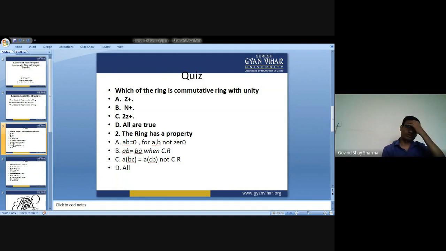Understand? Next options: AB is equal to 0 for A and B not 0.